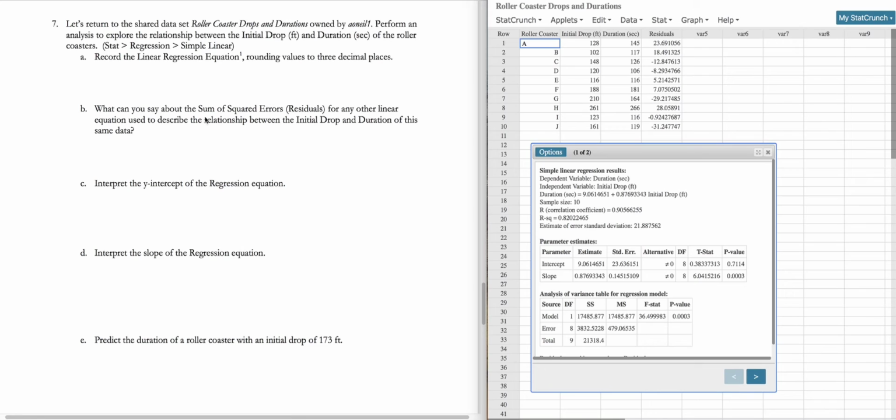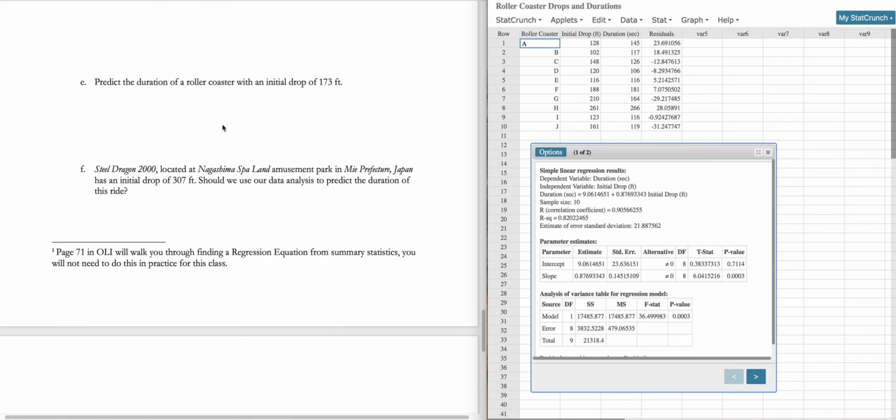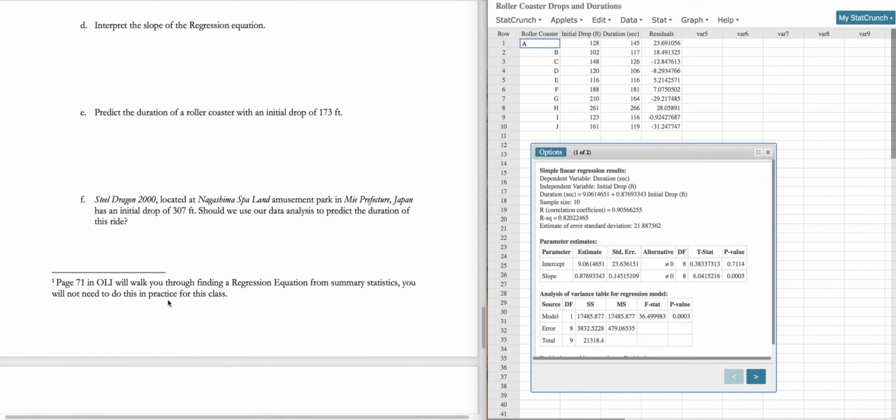So for part A here, we've been asked to record the linear regression equation rounding to 3 decimal places. So everybody should pause, make sure they can find that, record their equation. Also take note of that footnote I have here. There is a page in OLI that's going to walk you through finding this regression equation from summary statistics and working that by hand.